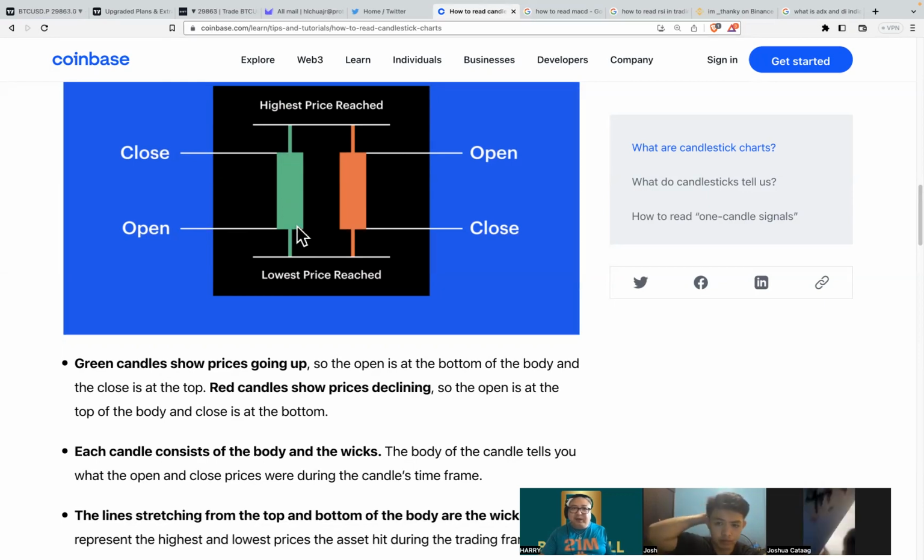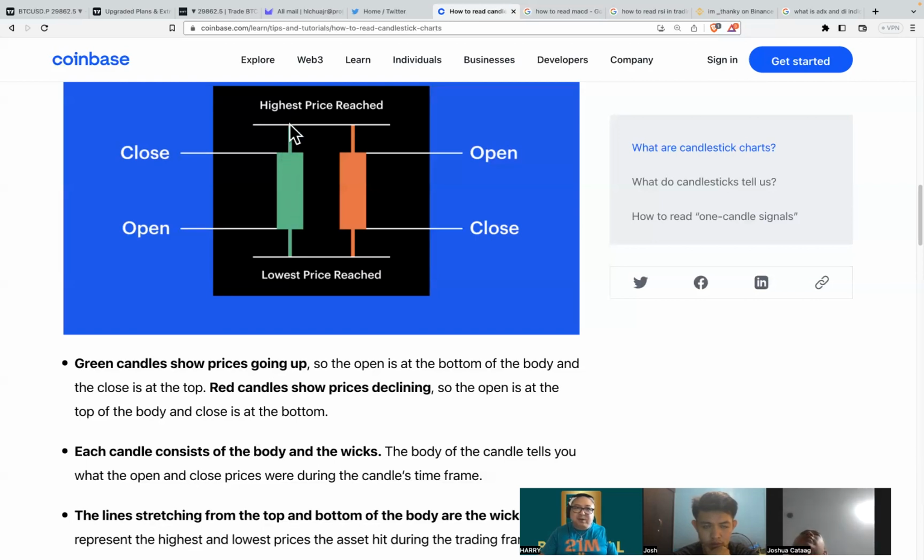Ano yung mga wick? So usually, kung down yung wick, itong wick na ito, that means people were selling up to that price. So yun ang lowest price reach. But the buyers stepped in. They started buying and brought the price up. Okay? Even all the way up here.